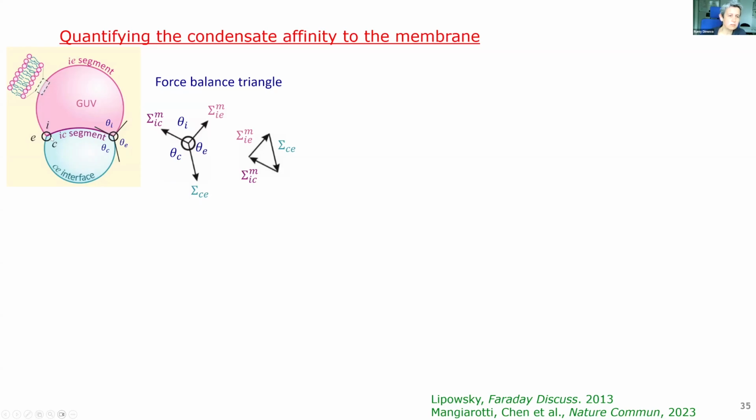And then you have two membrane segments that compose your vesicle. One segment is the one to which the condensate adheres. And the other segment is the one to which the external solution or the depleted phase adheres. So they're characterized by membrane tensions, labeled here.